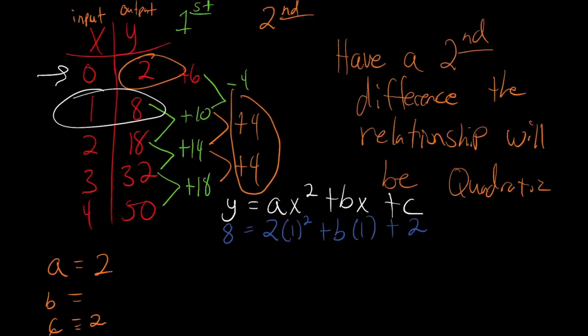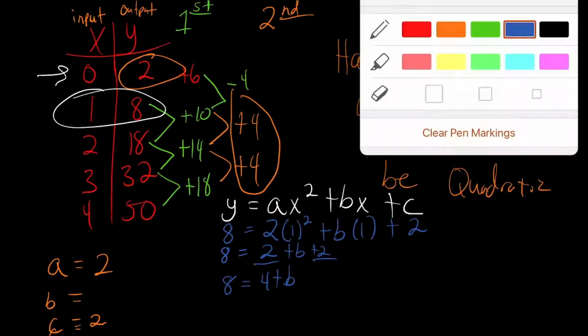Okay, now we're just simply going to solve for b. So I get 8 equals, well, 1 squared is just 1. 1 times 2 is 2. Plus b times 1, so that's just plus b plus 2. Now I can combine my like terms. So I get 8 equals 4 plus b.